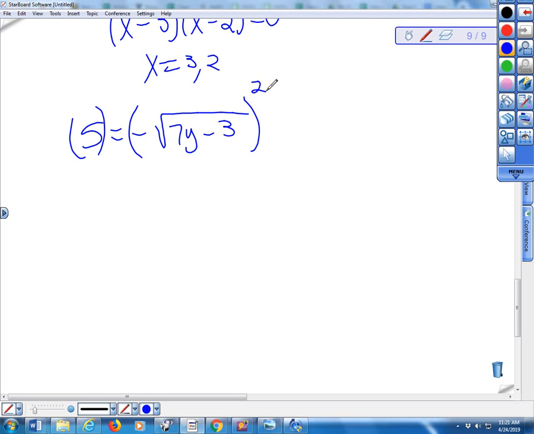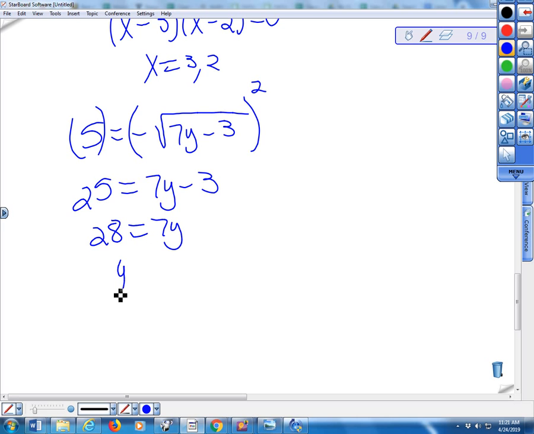Okay, so to square the left, that's 25. To square the right, I have negative 1 squared, that's just positive 1. And then this squared is 7y minus 3. I add 3, I get 28 equals 7y. Divide by 7, y is equal to 4. Now I need to check it.